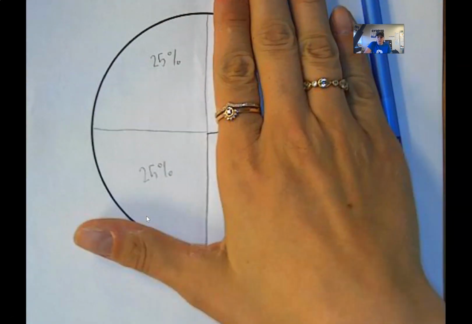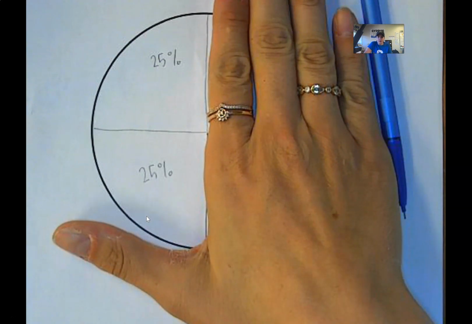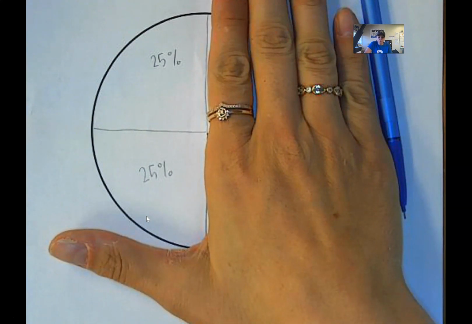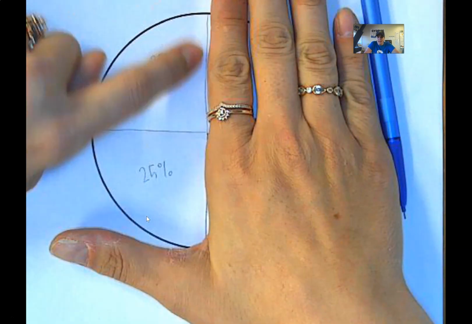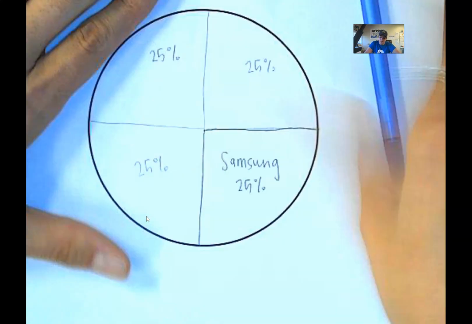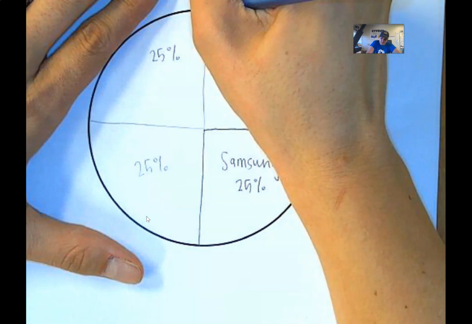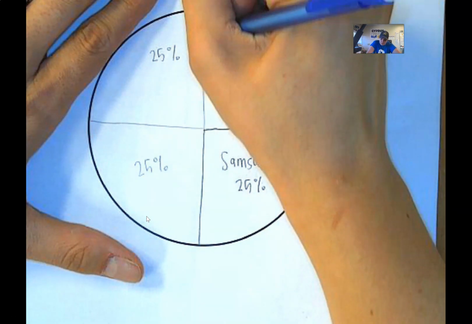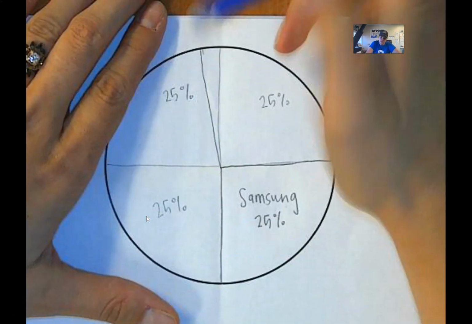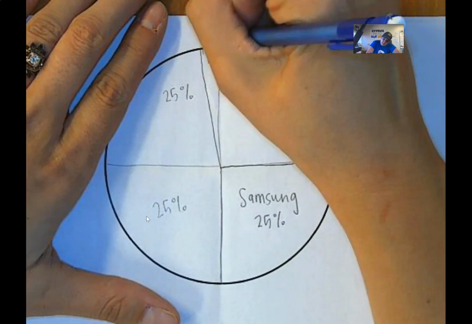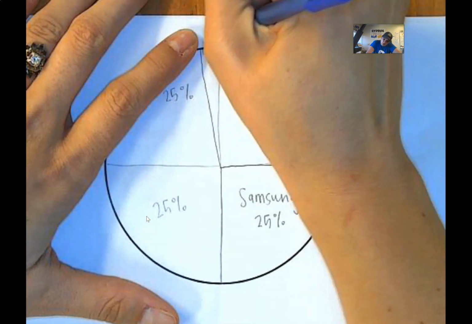So if I want to mark it off so that it's only 46%, I'm just going to bring this line here in a little bit. So I'm just going to leave like a little sliver of space. And what I just sectioned off is 4%.